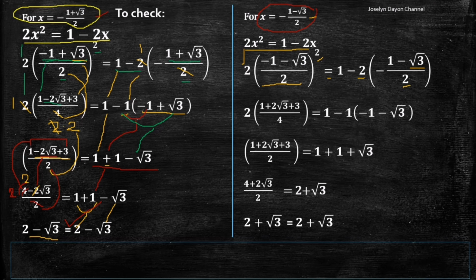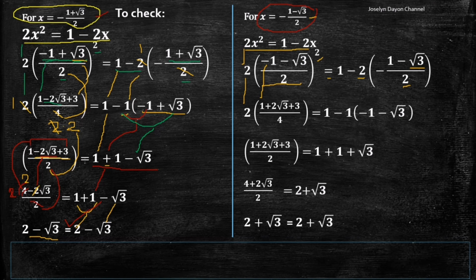Now let's simplify. So we have here to copy 2. Same. Simplify the square of a binomial. So negative 1 times negative 1, that is equal to 1. Then the middle term is 2 times negative 1 is negative 2 times negative square root of 3.